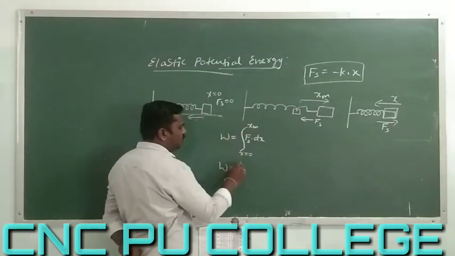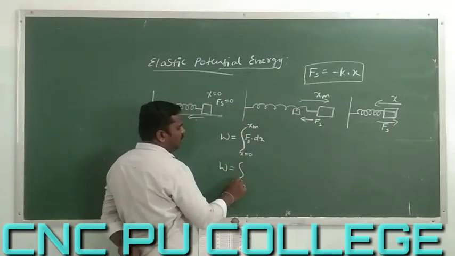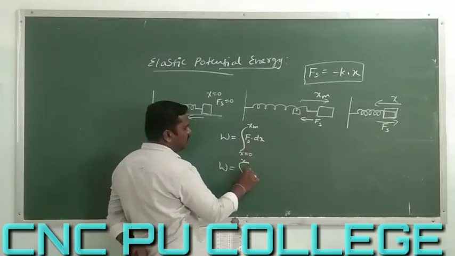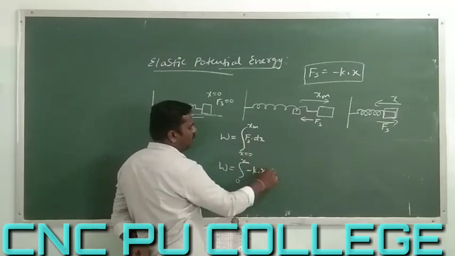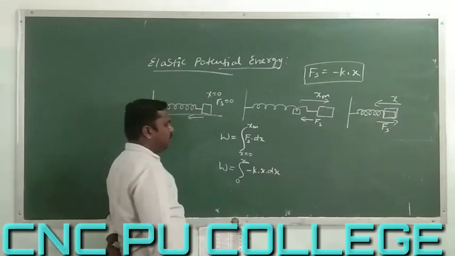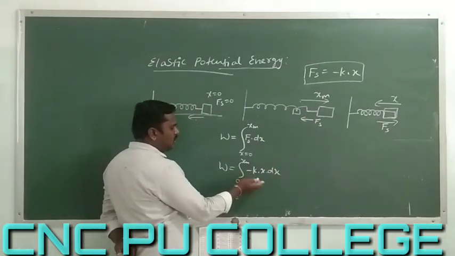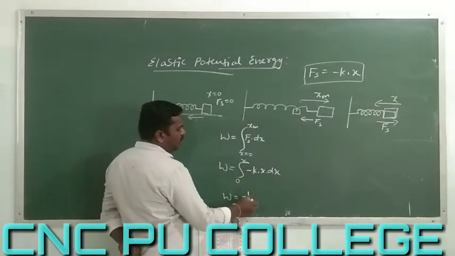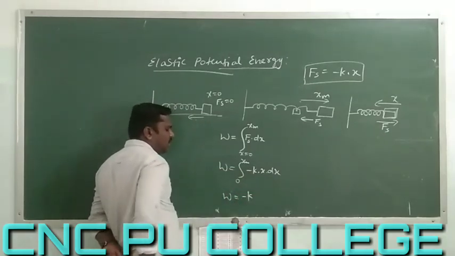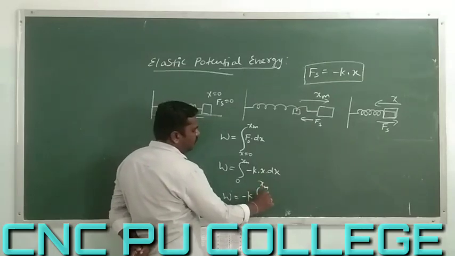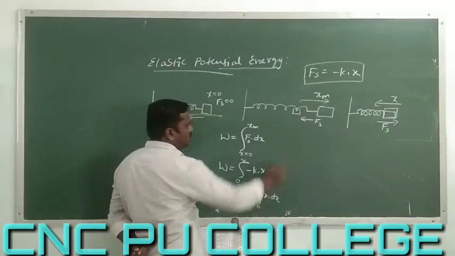Please substitute that expression here, where the displacement is from 0 to maximum position and Fs is replaced by minus k into x into dx. So now W is equal to, since k is constant, let us take it out. I am going to keep the minus sign as it is: minus k integration from 0 to xm of x into dx.